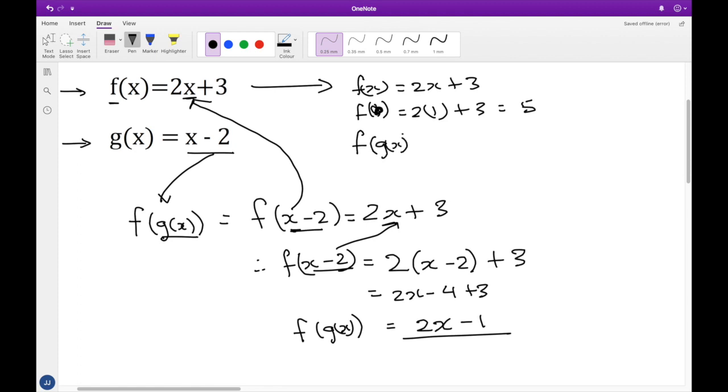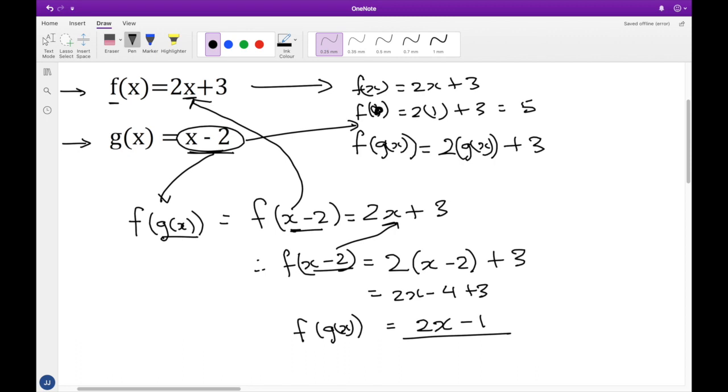I want to put the g of x. So this whole function I'm going to put inside of the f of x here. So I will get the f of x, which is 2x plus 3, but every time I have x, I'm going to put g of x, plus 3.